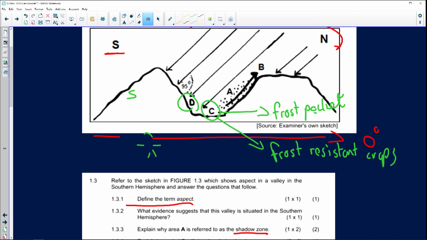Because surely during winter, with the katabatic breezes, with the accumulation of cold air on the bottom, it's going to probably freeze. The temperature is going to drop well below 0 degrees Celsius. So we might experience frost. But if you look at D, because it's on the north-facing slope, it's going to be excellent for crop farming.